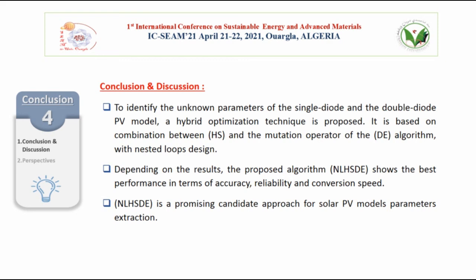Depending on the results obtained, the proposed algorithm shows the best performance in terms of accuracy, reliability, and convergence speed. The Nested Loops Harmony Search Differential Evolution is a promising candidate approach for solar PV model parameter extraction.